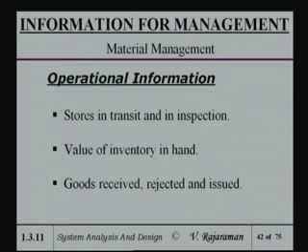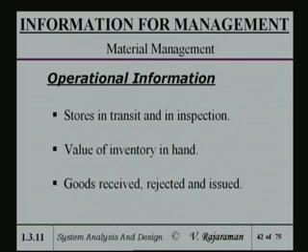What are goods received, what are rejected, what is issued: these are all details. Whenever some goods come, I have to have a record of what came, what has been rejected, what has been issued. Once it is taken into stock, you have to inform the stores people that it is ready, and once it goes to the store, you have to tell the finance people that money has to be paid because the item has been taken into stock.